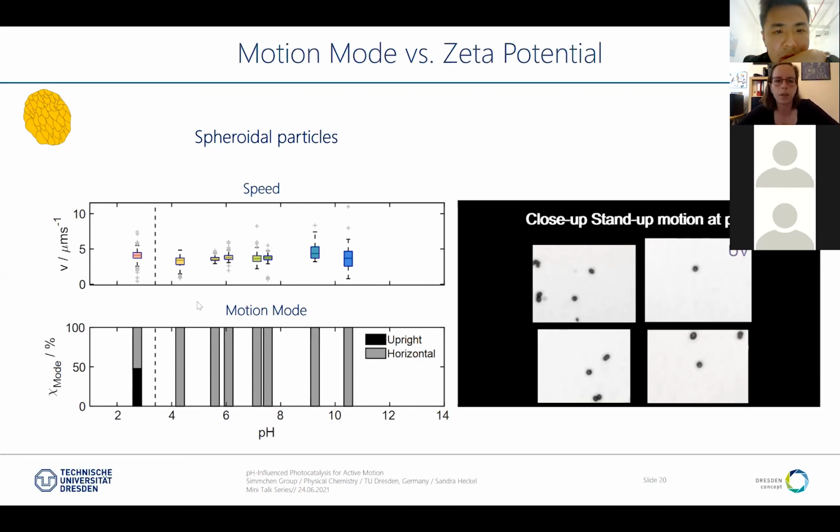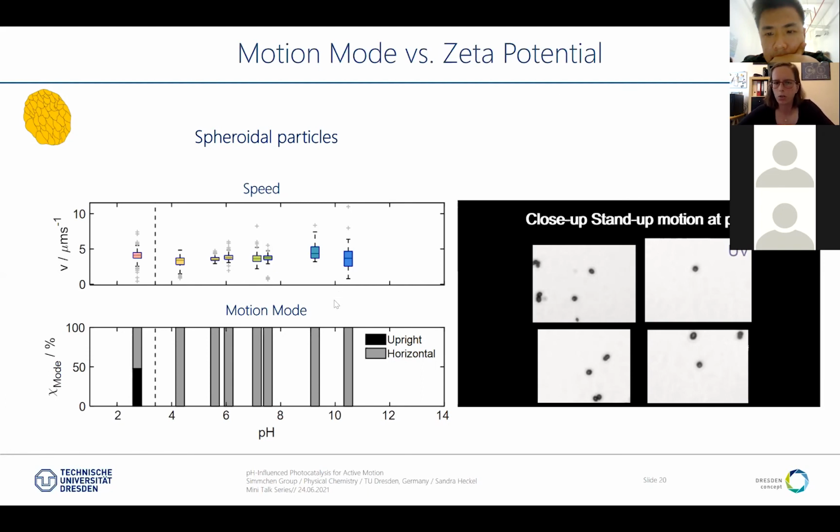And then we looked at them before and after motion with SEM and XRD. For the samples in the acidic and neutral regime, they do not change their appearance, and the crystal structure doesn't change either, so it seems they don't dissolve. But for the particles in alkaline solution, they change over time.